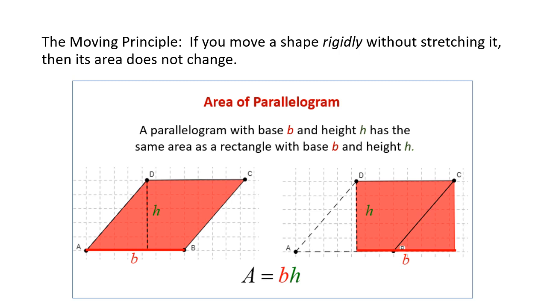I can't take this triangle that I'm about to move and turn it into a trapezoid of equal area or not. Rigidly means, like, imagine it's like a piece of plastic or a piece of wood, and it's not going to change. It is what it is. You can rotate, you can flip, but we're not able to stretch or shrink or anything else the shape itself.